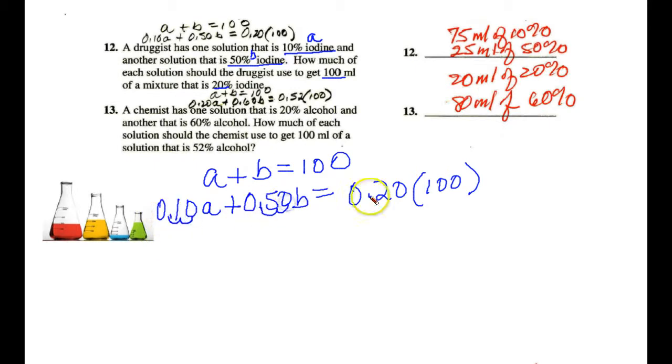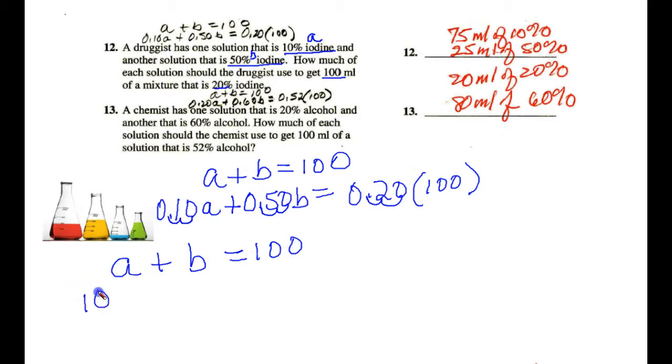So again, we could use substitution, or we could use elimination. Let's set it up. We've used substitution a number of times, so let's use elimination. A plus B equals 100.